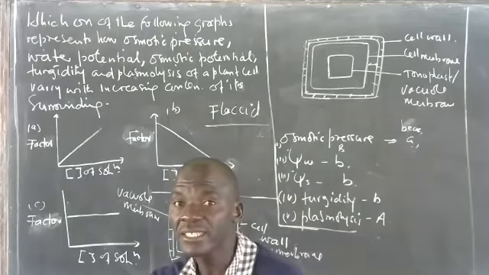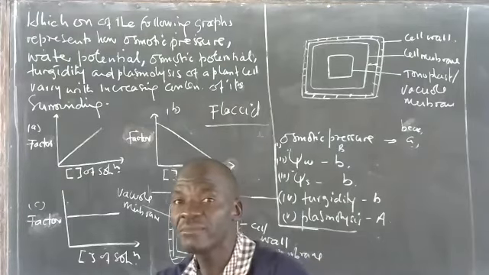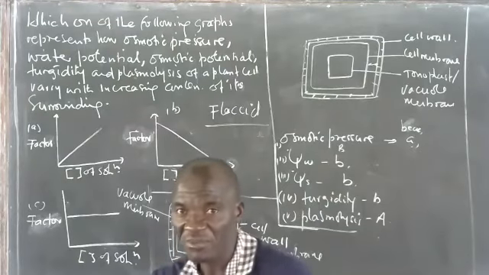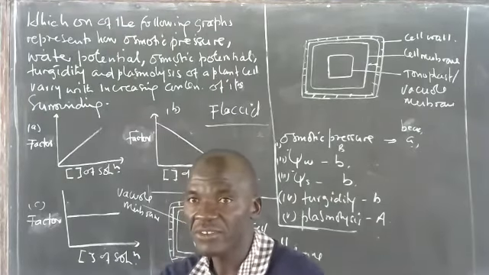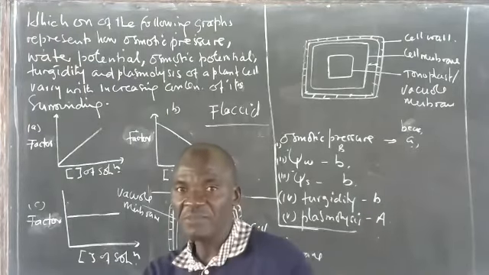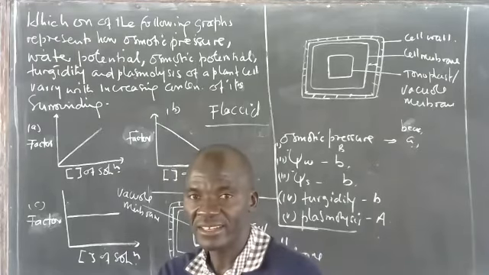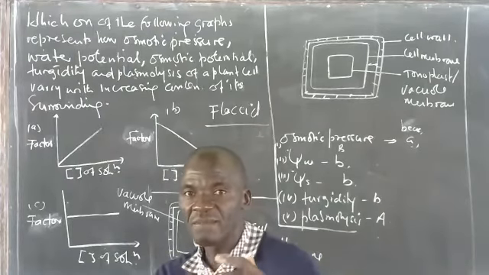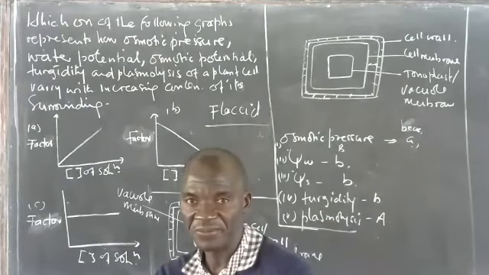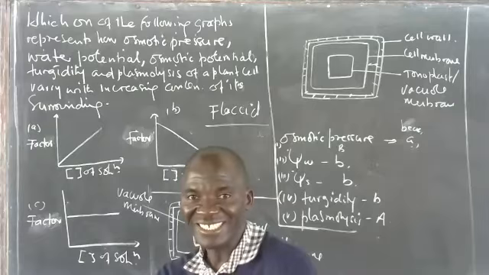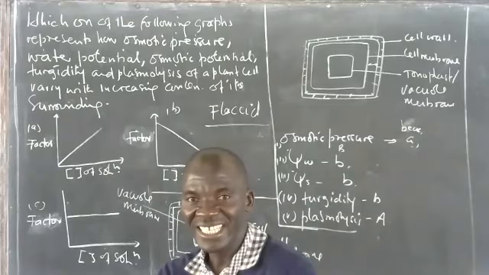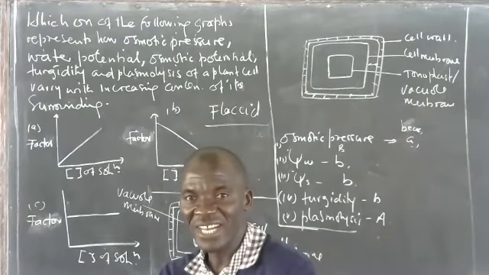What it pulls out is the cell membrane as the vacuole becomes smaller. Not the vacuole pulling away from the wall, but the cell membrane. So as the vacuole shrinks, the membrane will also start pulling away from the wall. And when it just started pulling away from the wall, that's when we say the cell is getting plasmolyzed.